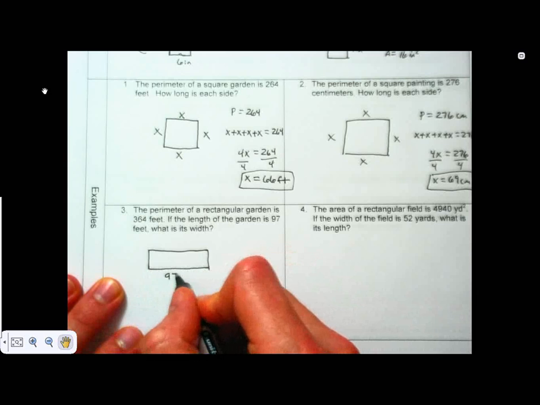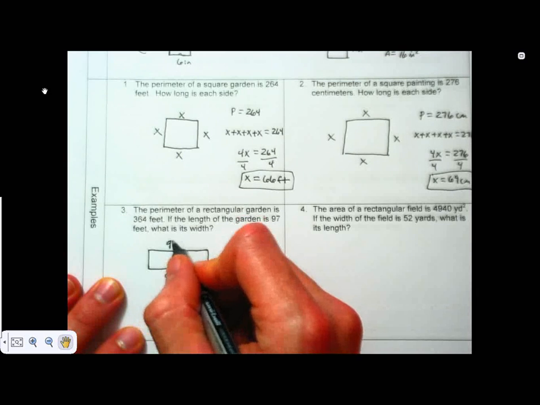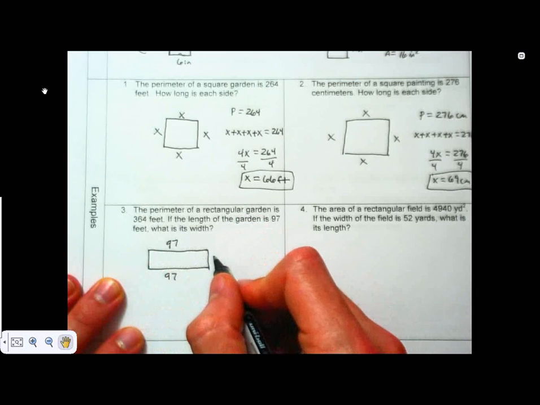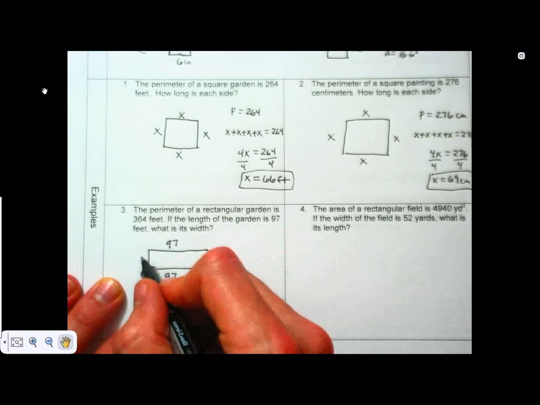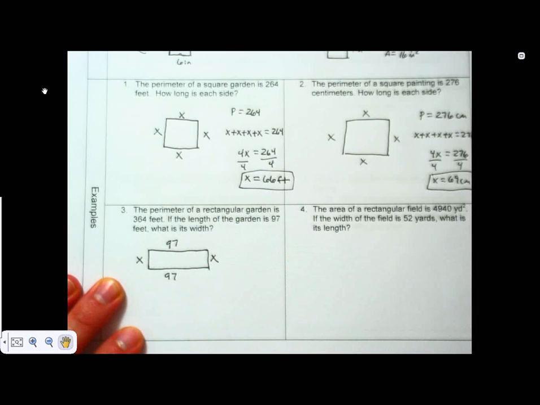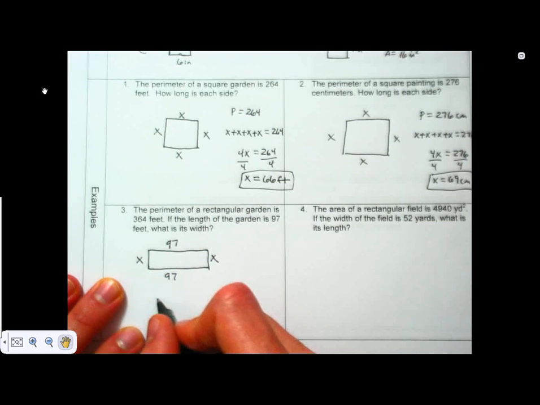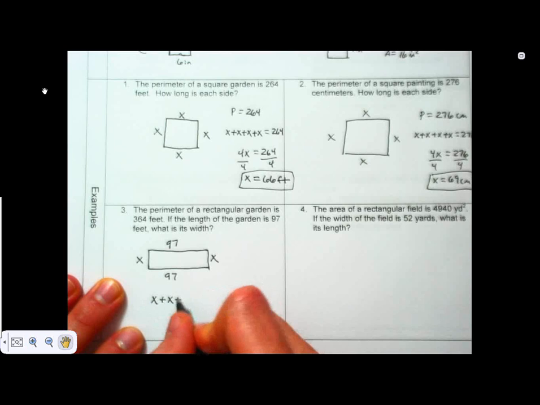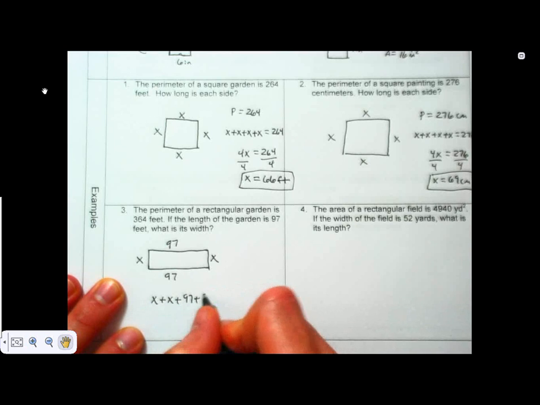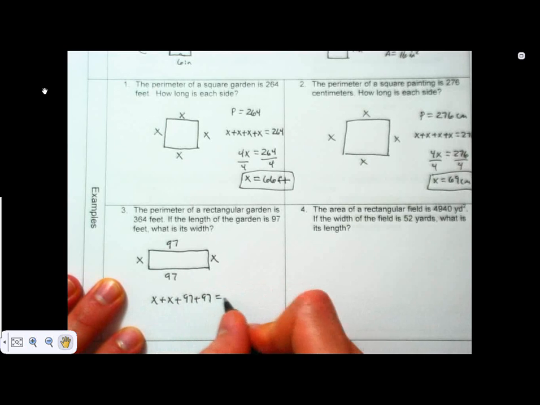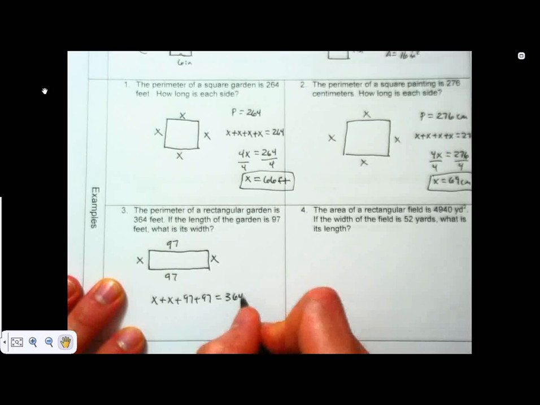So I'm going to label this side as 97, and my job is to find the width, which I don't know, so I'm going to call that x. And what they're saying is if I add all those pieces together, x plus 97 plus 97, I should get an answer of 364.